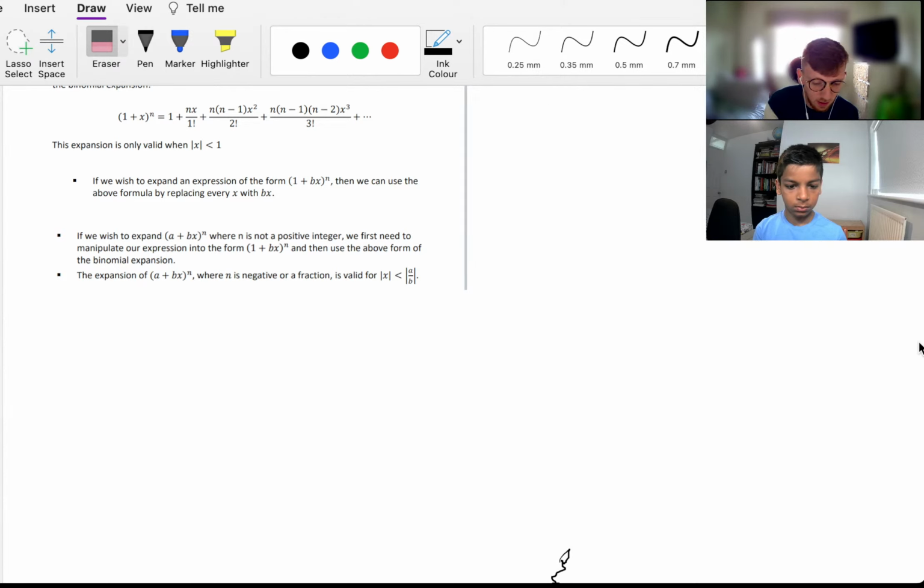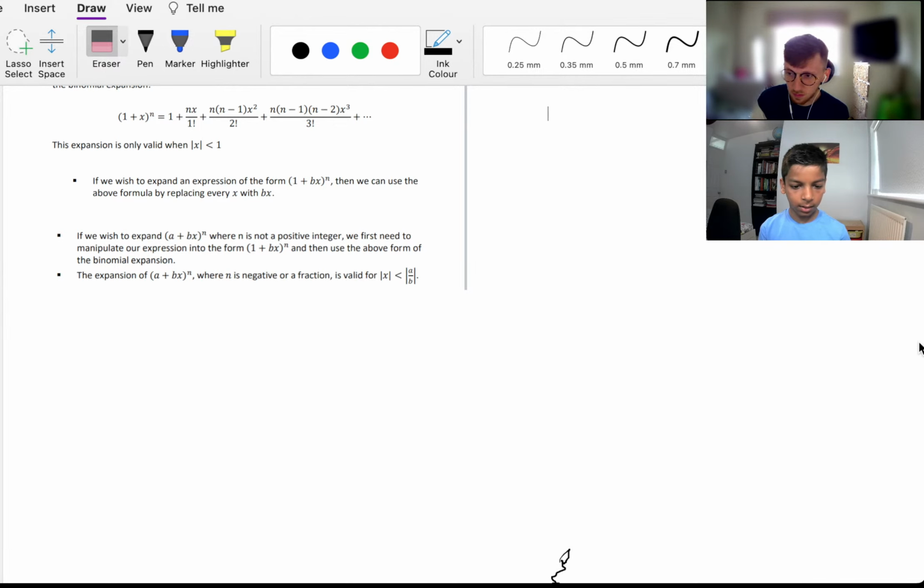So this is our formula that we're given. You notice it's (1 + x)^n. If we wanted (1 + bx)^n, then we just replace x with bx in the formula. It's quite straightforward, and we'll do an example of that. If we wanted to expand (a + bx)^n, what's the difference here, Cordelia, between (1 + bx)^n and (a + bx)^n?